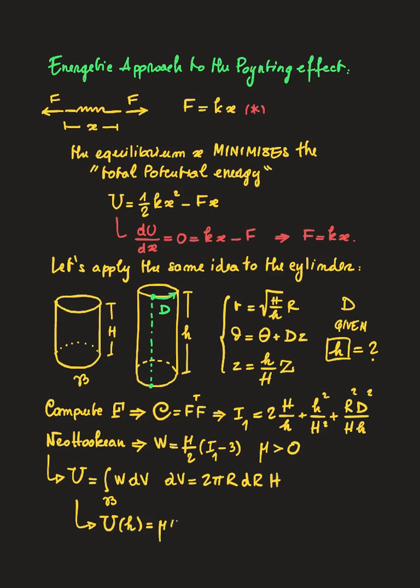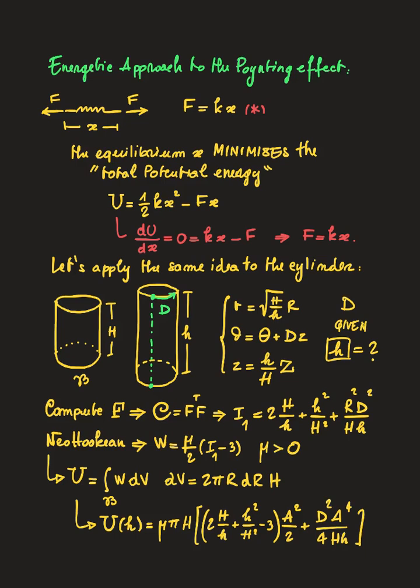It's simply mu pi capital H, all this is fixed, and then here I have 2 capital H divided by h plus h squared minus capital H squared minus 3, times the radius of the cylinder divided by 2 plus D squared A to the 4th power, divided by 4H.